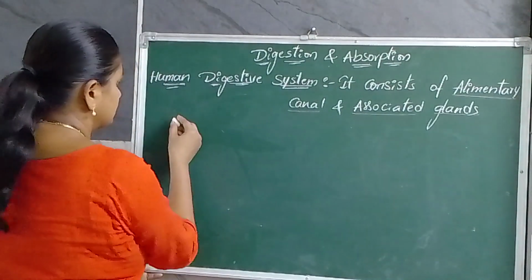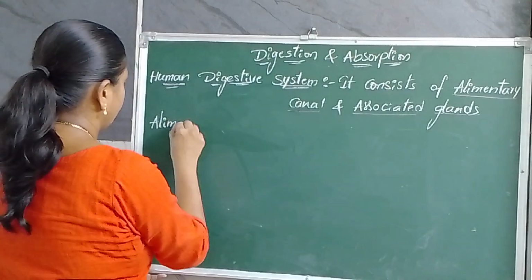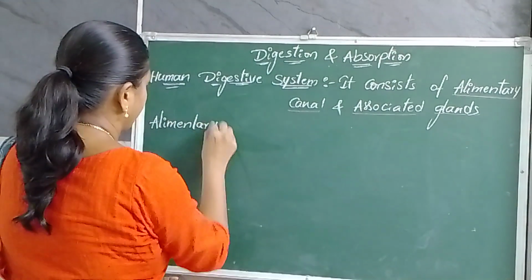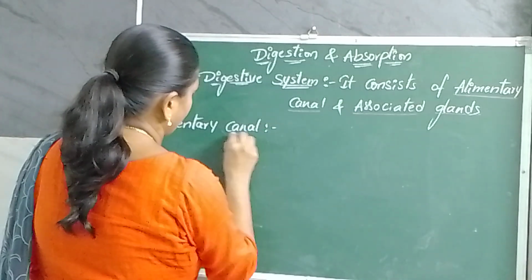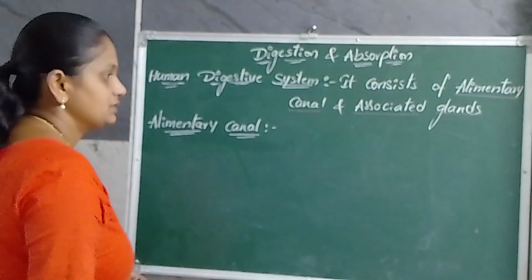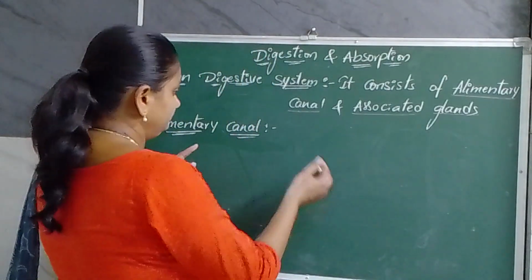Regarding the alimentary canal, it is a long coiled tube-like structure.